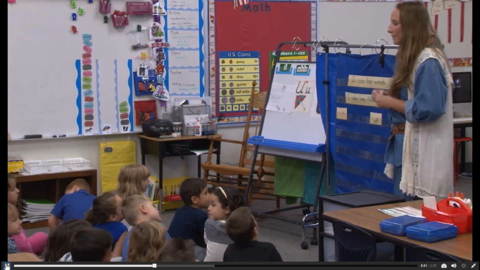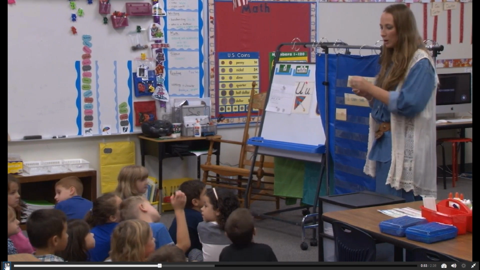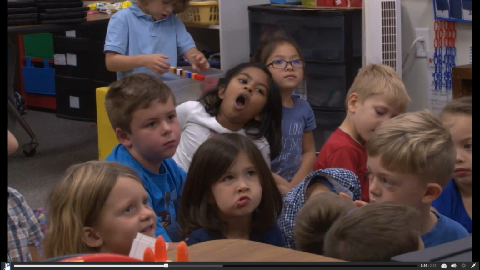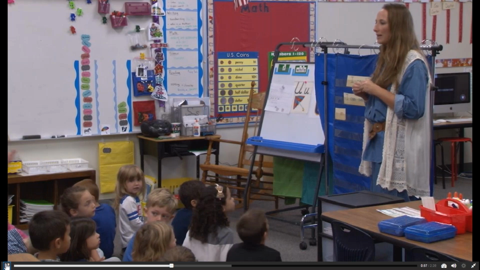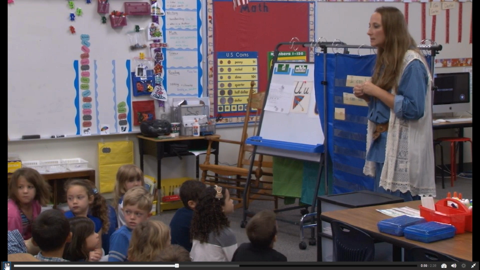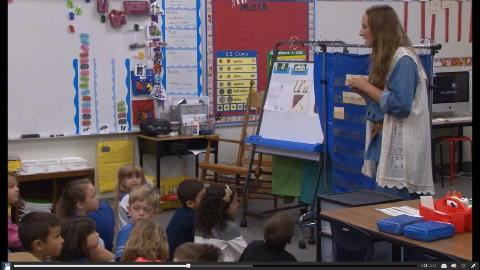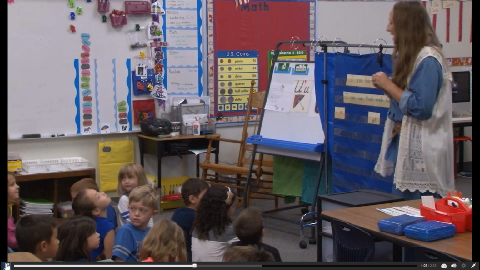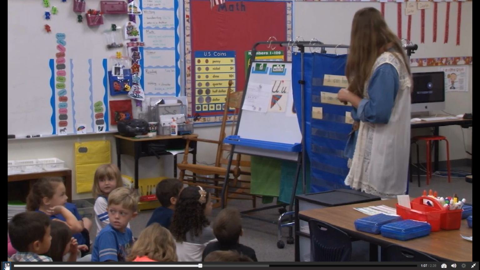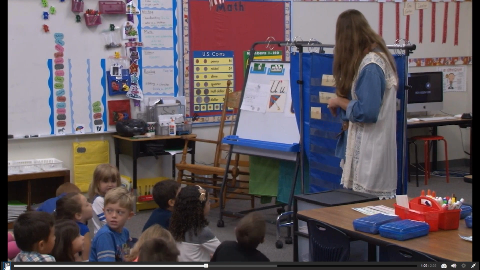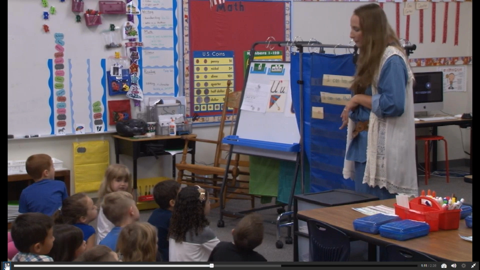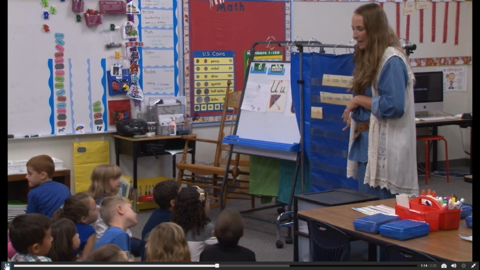Who can remind me what is a rhyming word? McKenna. No sentence. Let's see if Hopper can help you. Good. I like that you added the end on there. Words that sound the same at the end, okay? So let's look at our chart here, friends. I have a group of letters here together that make a part of a word.